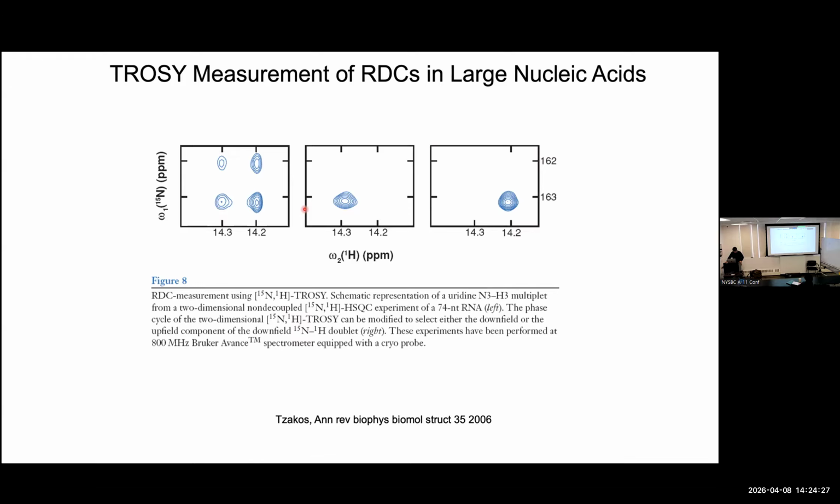TROSY is also an important consideration when you're measuring a splitting of a multiplet, because in the case of, for example, an NH vector, you have the component of the doublet that enjoys the mutual cancellation of the dipole and the CSA relaxation mechanisms.